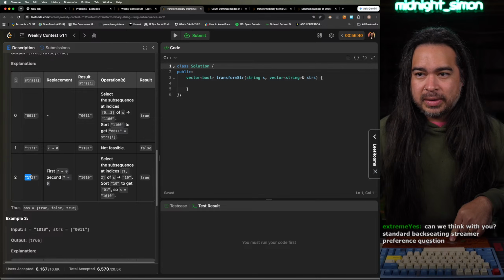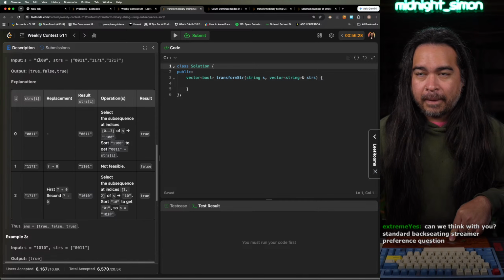Alright, this one says it's true. So the number of ones is equal and the number of question marks is there. So it's basically 1 0 1 0. And how do we get that? We sort this subsequence. So it becomes 1 0 0 1.